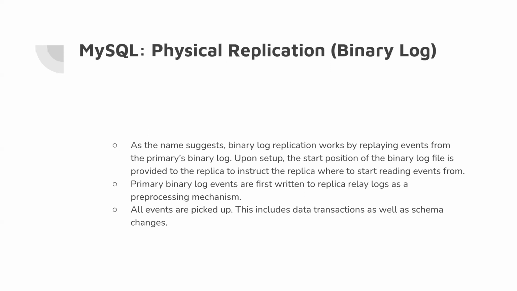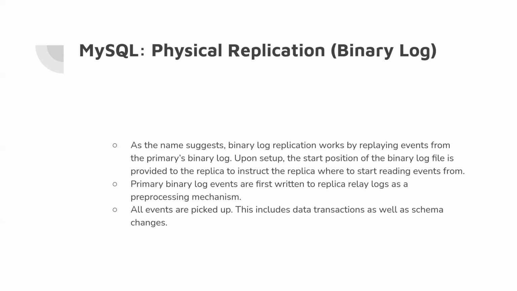So let's talk about MySQL. I believe this is categorized as physical replication, but we have something called a binary log, which is a log of all activity. So anytime you create a database, create a table, insert data, that gets put into this binary log, which can then be used in other MySQL databases to replay that activity.